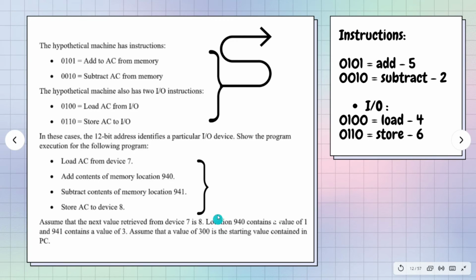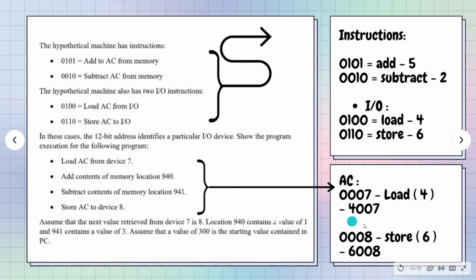For this program, we will rewrite the first instruction, which is load AC from device 7. The device needs to be stored in 4-digit numbers, so it's going to be 0007, and the first digit is for the instruction, which is 4, so it's going to be 4007. The second instruction, we need to add the contents of the memory location 940.